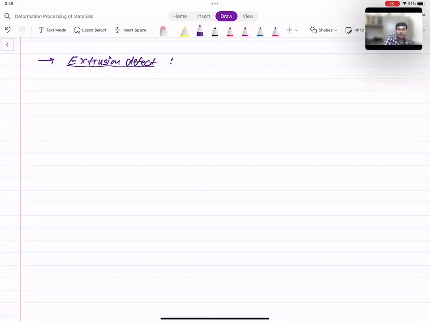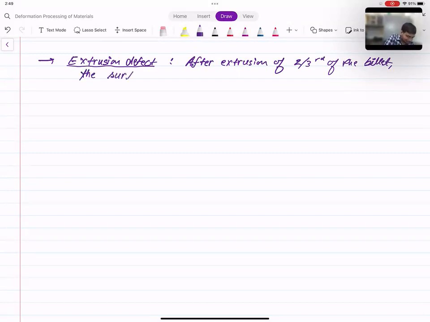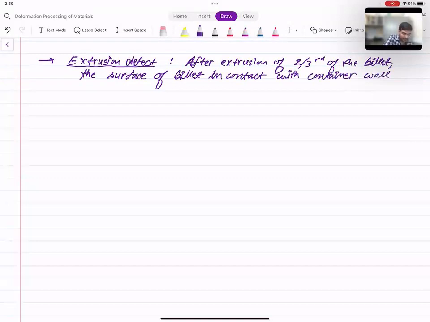So what happens here is, when 2/3 of the billet has been extruded, the surface of the billet which was in contact with the container wall starts to move towards the center.